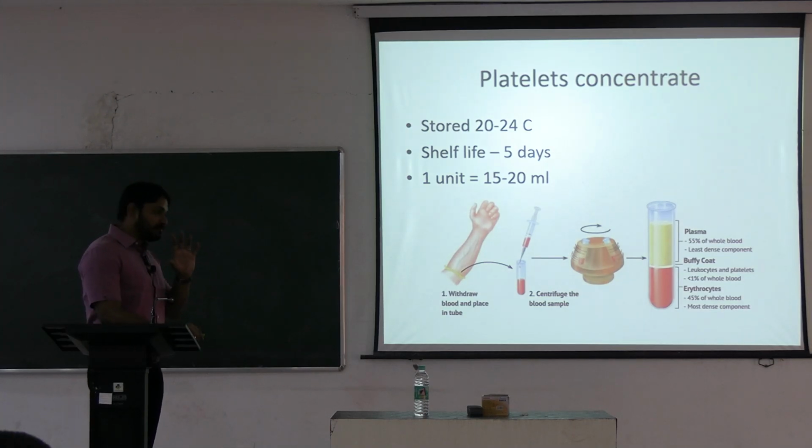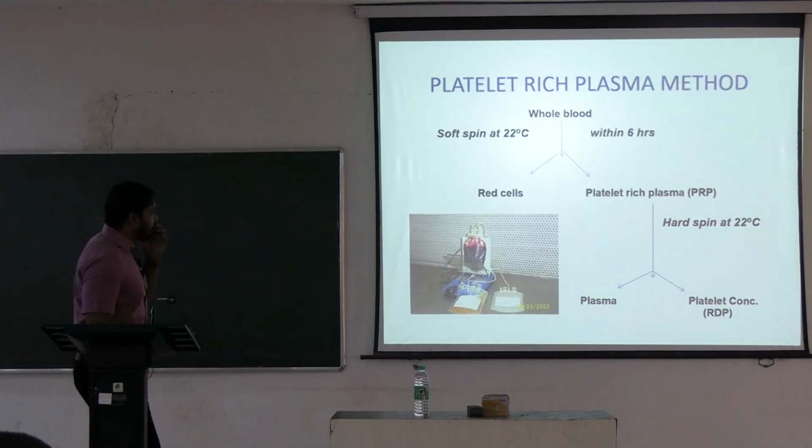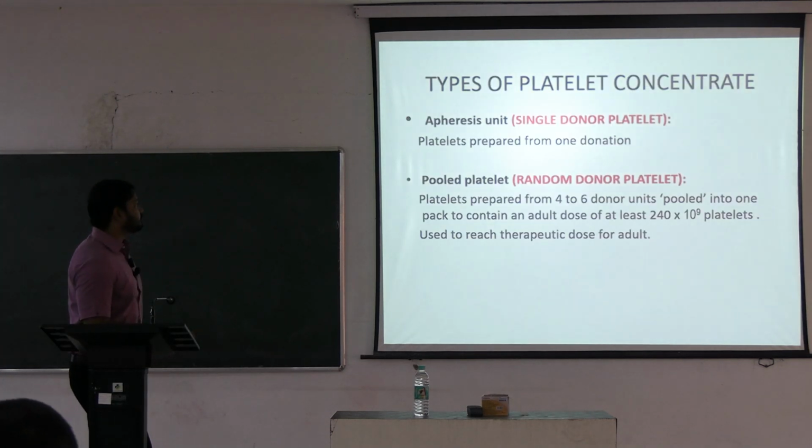One platelet pouch will have 15 to 20 ml only. Like I told, whole blood you centrifuge, you get red cells and platelet rich plasma, which we call PRP, and then when it is hard spun at 22 degrees Celsius, you get plasma and platelet concentrate.